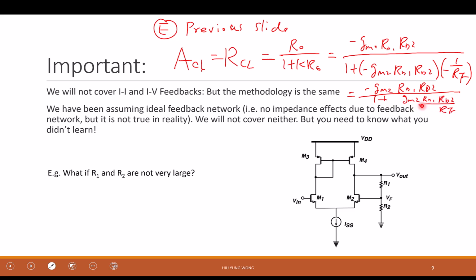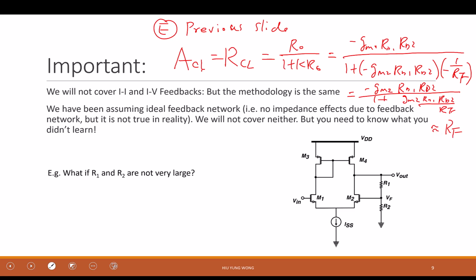So when the K times A is much larger than 1, what do we get? It becomes RF. Right? When this term is much larger than 1, this is gone. And then I can cancel GM2, RD1, RD2. Then RF goes to the top. So I use RF to control the gain.